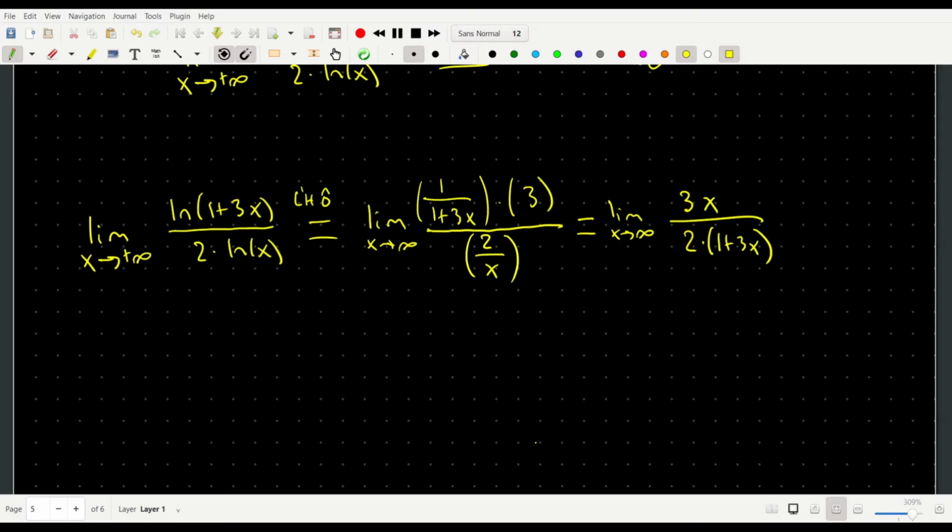There are a number of ways of evaluating this limit. You can evaluate this limit using L'Hopital's rule. That's probably the simplest way of doing it. You can also use methods from your Calculus 1 class. But sure enough, this limit is going to be exactly 3 over 2 times 3, or 1/2.